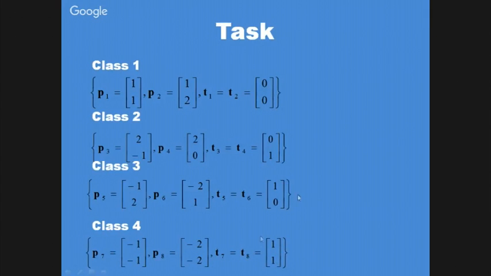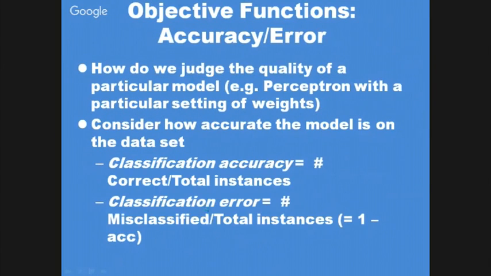It may not be visible to you, but you can note down that this is your task. You have to converge it with the help of the perceptron algorithm and tell me the final weight. I'll give you 15 minutes more after the class.